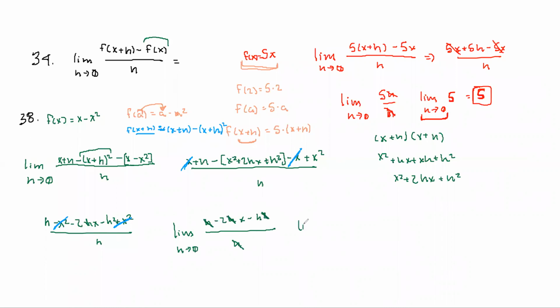So I'm going to have this cancel with that h, and one of those h's. And so I'll end up with the limit as h goes to 0 of negative 2x minus h. So I'm missing something somewhere. I dropped something. Yes, I dropped something somewhere. Sorry, this is why I have to write everything out.